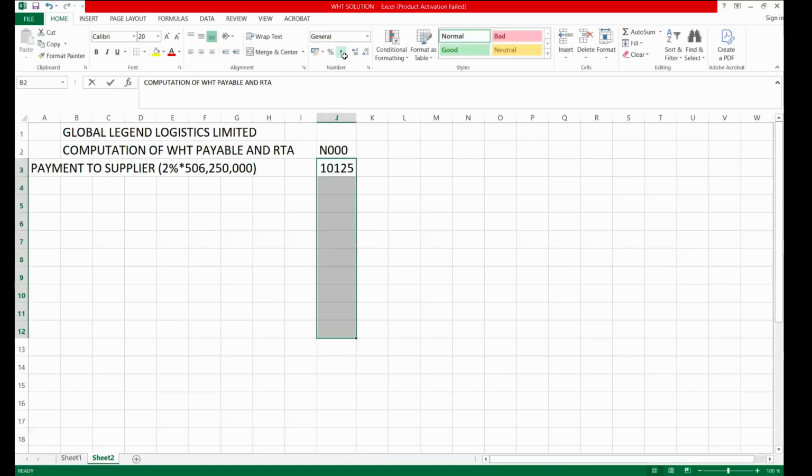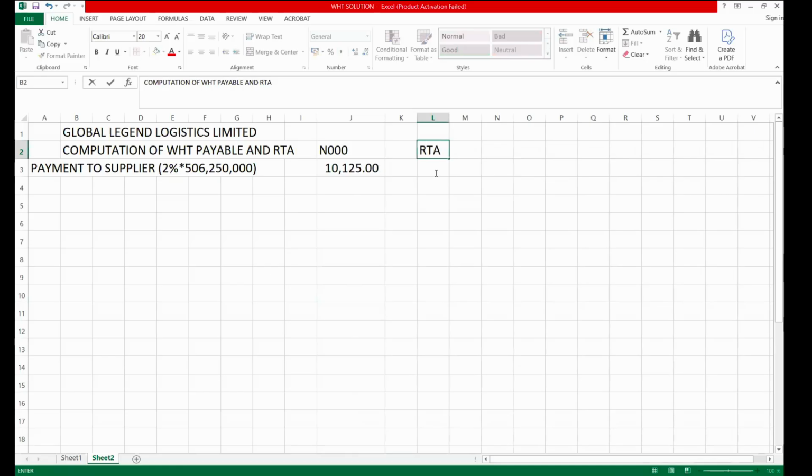Payment to supplier. Relevant tax authority: who are going to be the supplier of this Global Logistics Limited?